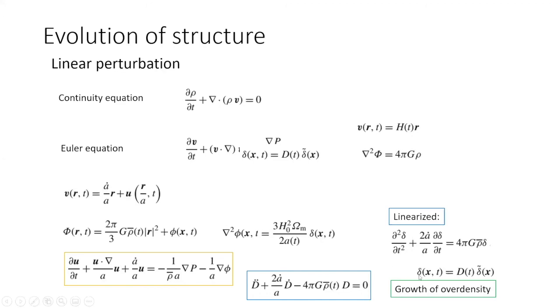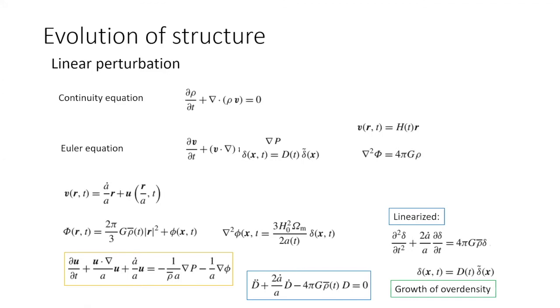At any arbitrary time, the fluctuation, the contrast, is the contrast at some other time times some growth factor. So if this is an earlier time, then at the later time, if gravity works as this scheme tells you, you get an overdensity through this multiplication factor, and this multiplication factor again could be written in a differential equation form.